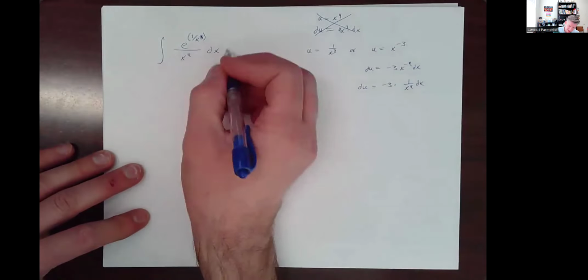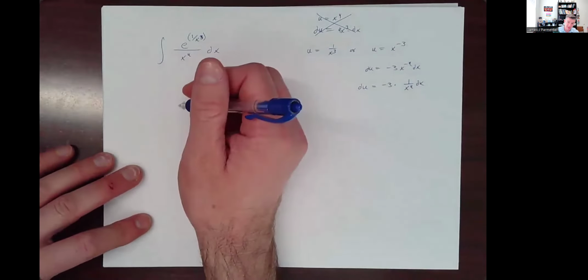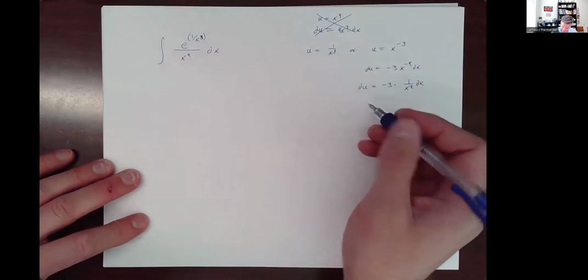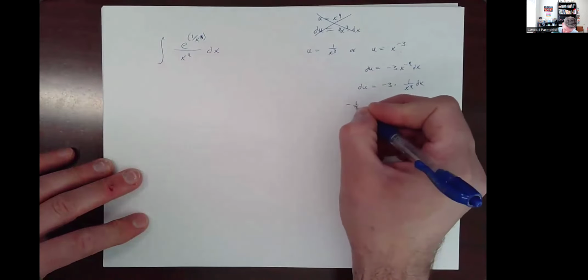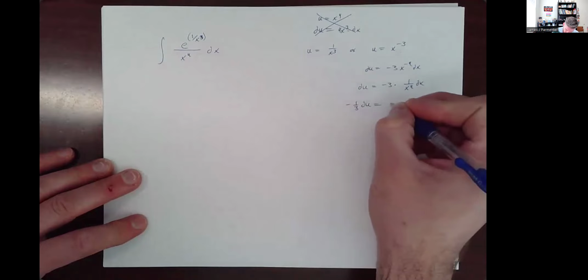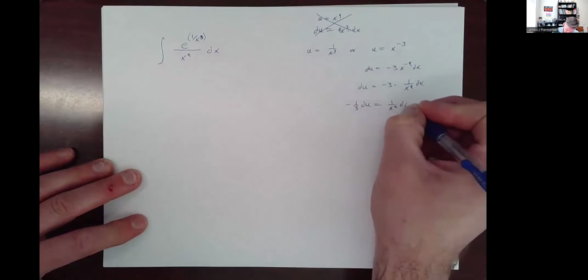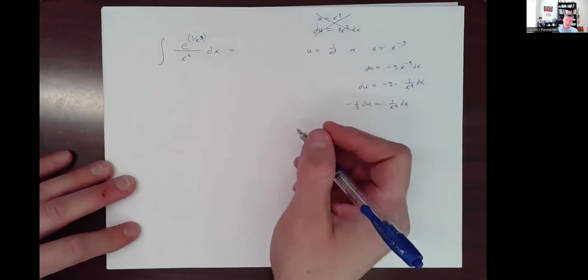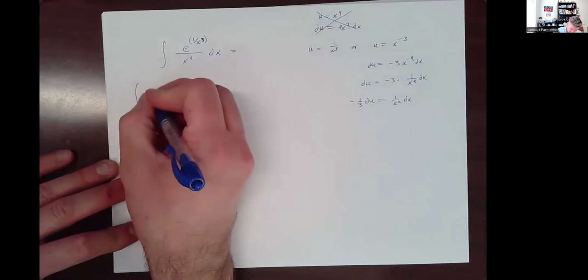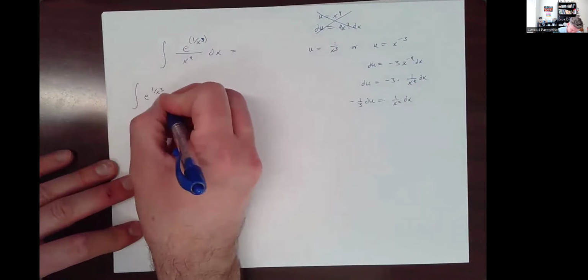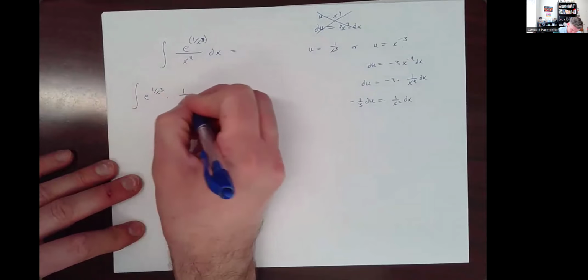And I exactly have a 1 over x to the 4th times dx here. I would probably divide both sides by negative 3, so I would say negative 1/3 du equals 1 over x to the 4th dx. Writing this out so it's a little bit easier to manage, let's write this as e to the 1 over x cubed times 1 over x to the 4th dx.